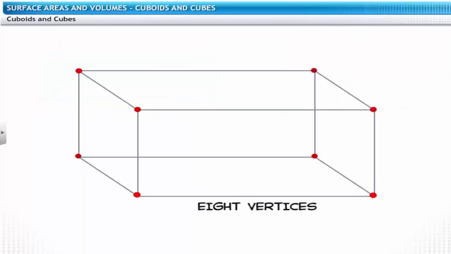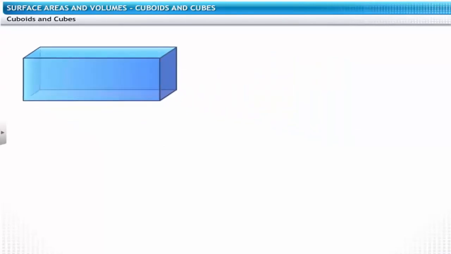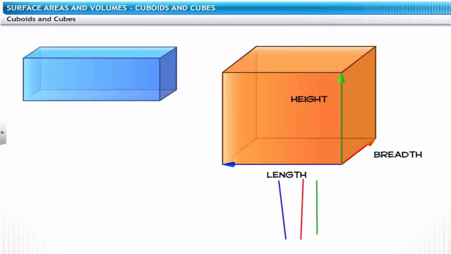Cuboids have 8 vertices and 12 edges. The edges of this cuboid are its length, breadth, and height. Now, let's look at another figure. Here, the length, the breadth, and the height are all equal.